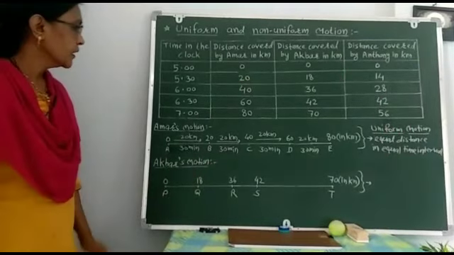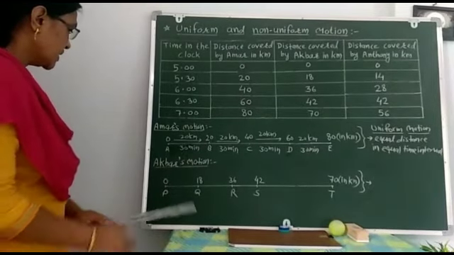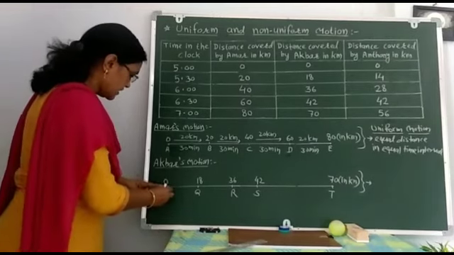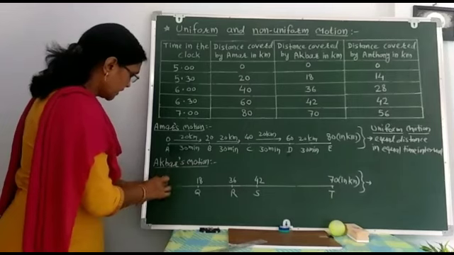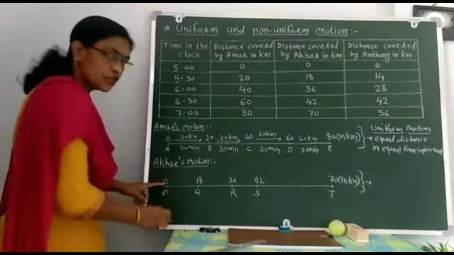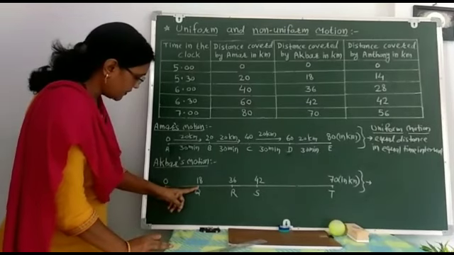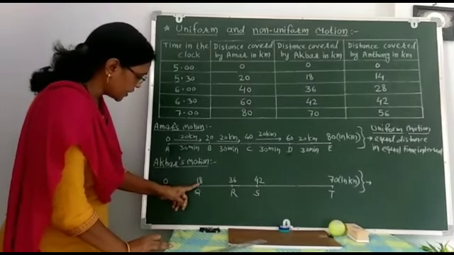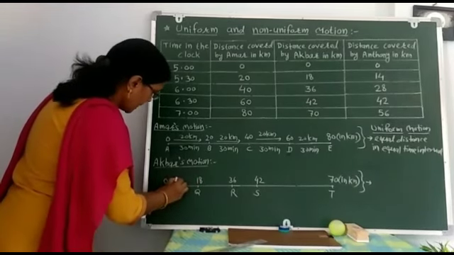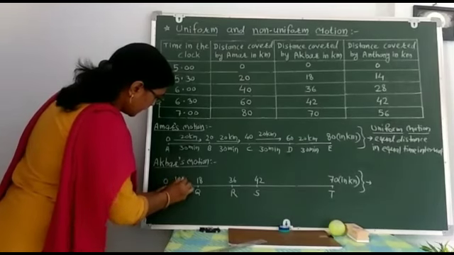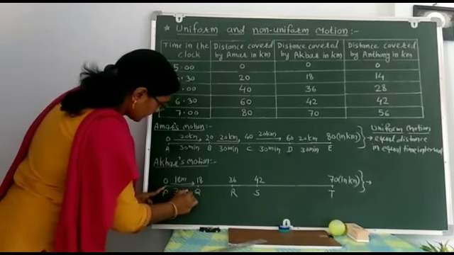Okay. Now we see Akbar's motion. Akbar starts traveling from point P. So at point P, distance covered by Akbar is 0 kilometer. Now he reaches point Q, and here the distance is 18 kilometer. So from P to Q, he travels a distance 18 kilometers within 30 minutes.